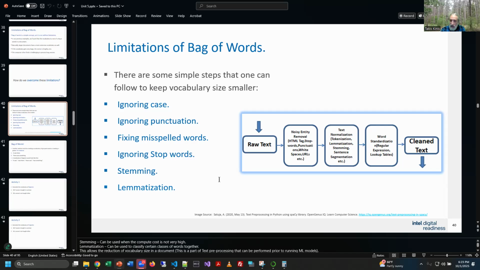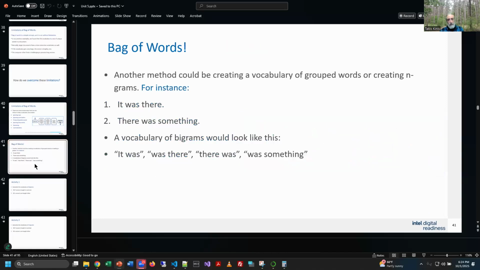Text normalization, so we tokenize it, do the lemmatization, stemming, sentence segmentation, etc. And then word standardization, where we use regular expressions and lookup tables. So these are all part of the process of cleaning up the text, and really what we're trying to do is just make it simpler to process ultimately. So that's the approach.